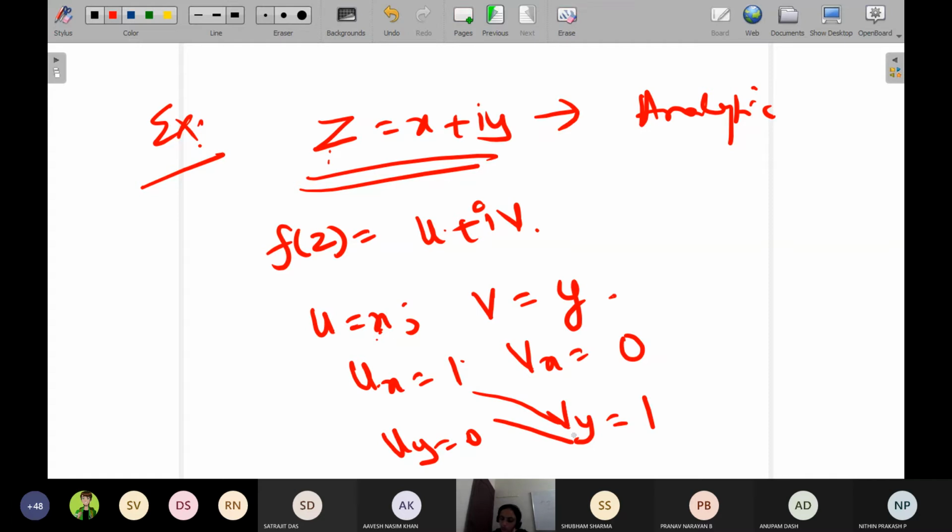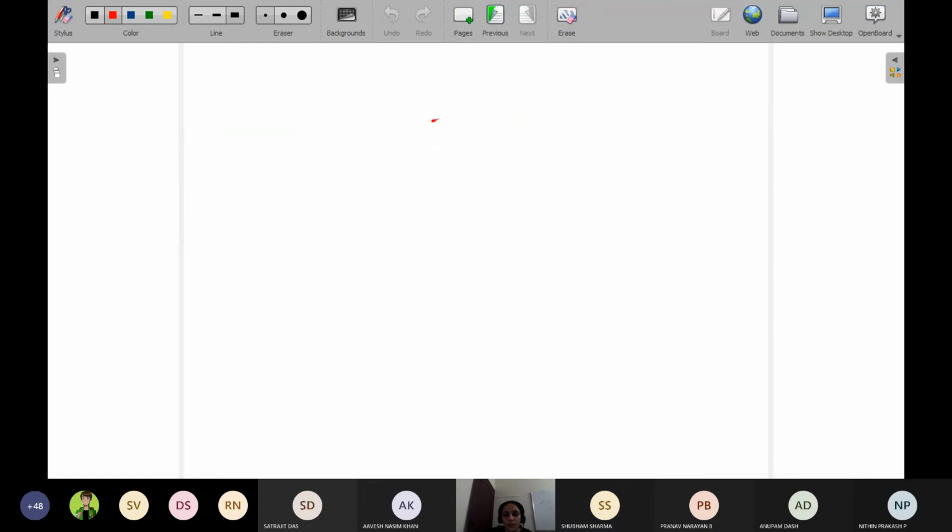How will be Z square? Z square means X plus IY the whole square.